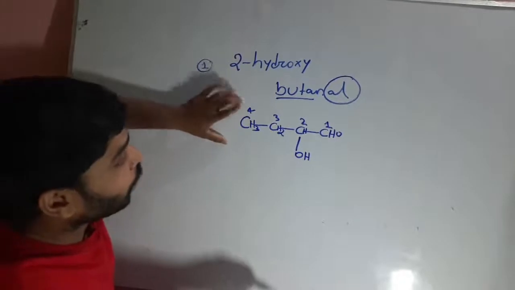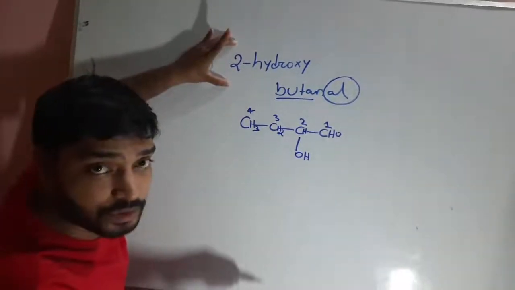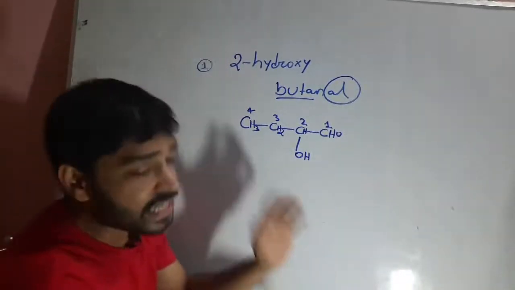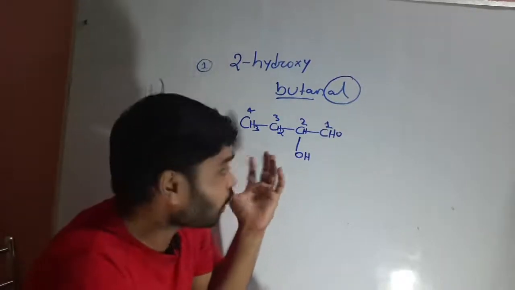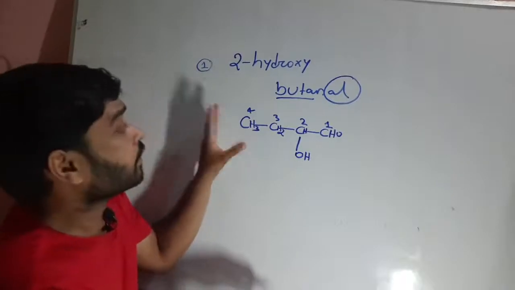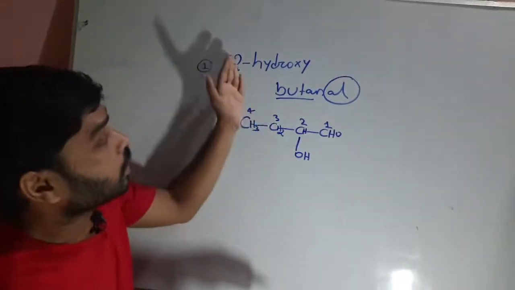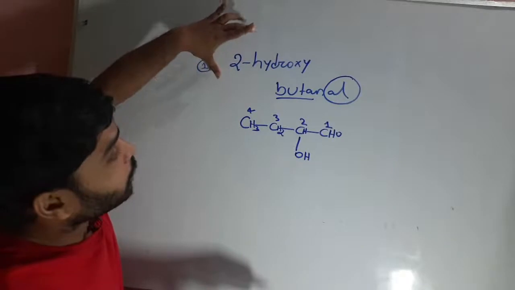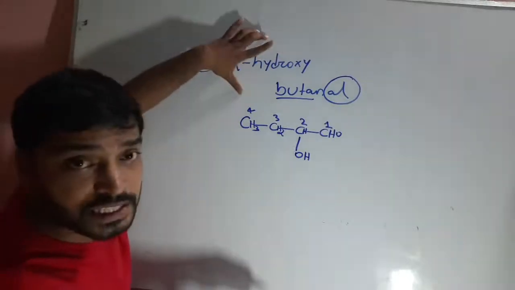This is the real structure of the given IUPAC name. In this way, you can draw the structure of an organic compound from the IUPAC name using the previous idea.